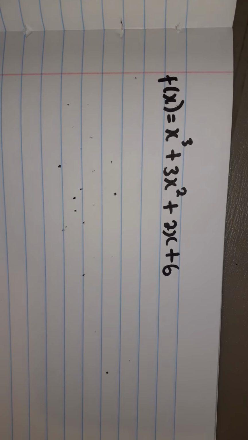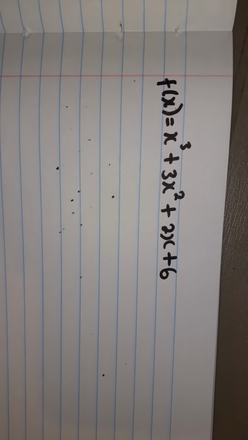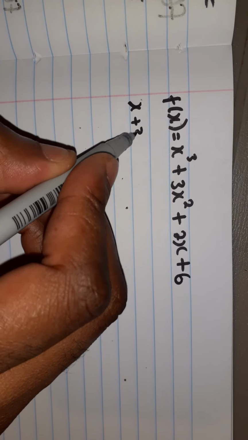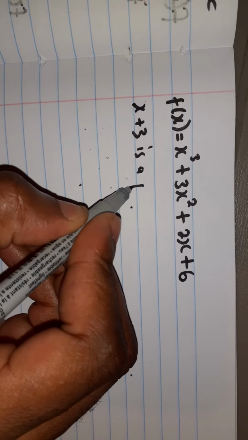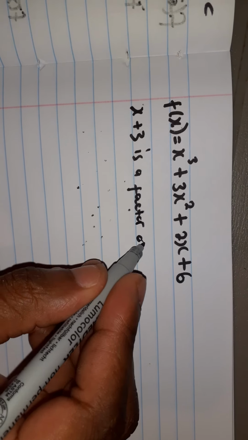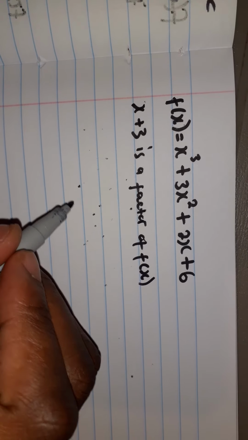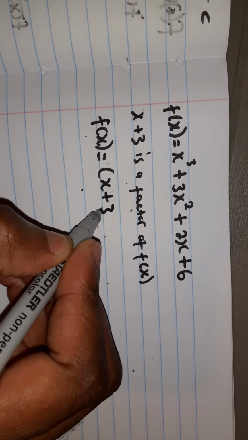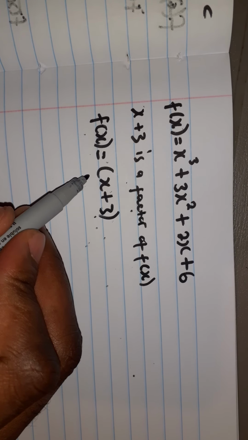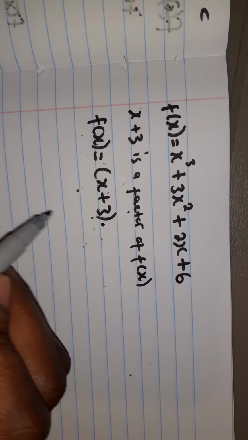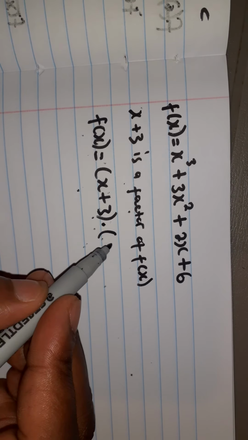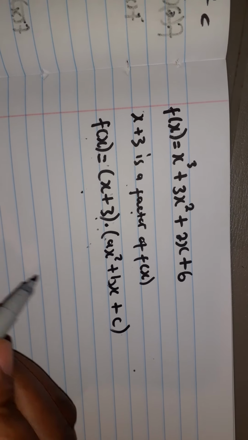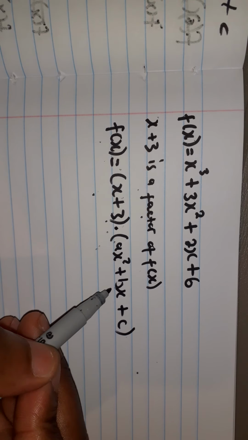From part 1 of this video, if x plus 3 is a factor of f of x, then this expression has the product of this linear factor times this quadratic expression. So we'll have the coefficients.